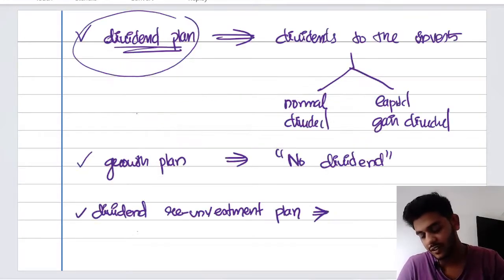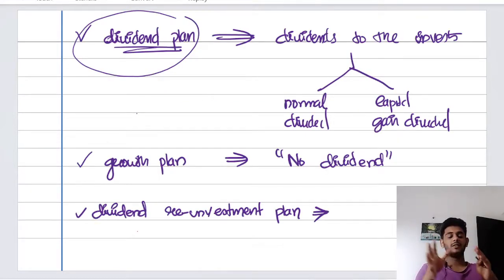So these are the 4 plans. Under the dividend plan, the mutual fund gives a dividend; sometimes it is a normal dividend, sometimes a capital gain dividend. Under the growth plan, there is no concept of dividend; rather the value per unit of the mutual fund goes up, and the investor can redeem by selling those units at a later point of time.